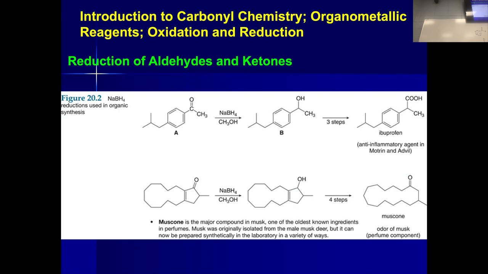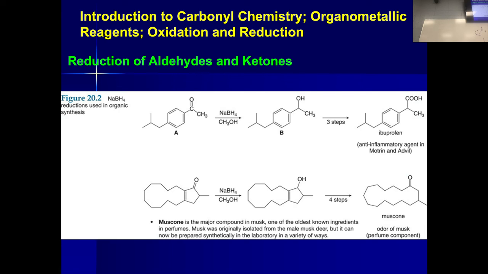You'll also notice, in this case, I've got a carbon-carbon double bond and a carbon-oxygen double bond. If I had tried to do the reduction of this ketone to an alcohol using hydrogen and palladium, what would happen? Yeah, both double bonds would react, and I'd actually end up losing this carbon-carbon double bond, right? But they want it in this step. They want just the ketone to be reduced. Sodium borohydride doesn't reduce carbon-carbon double bonds.